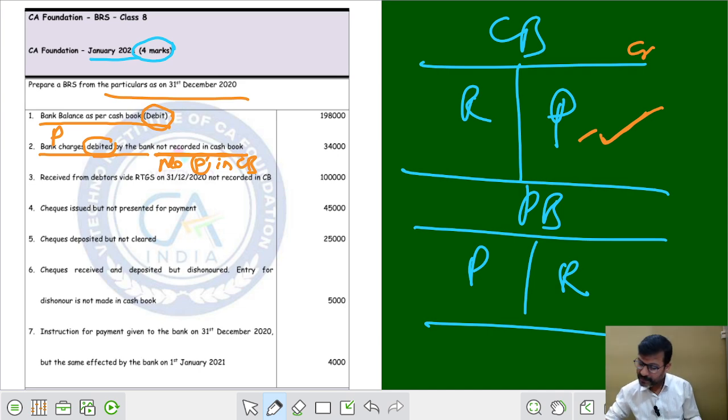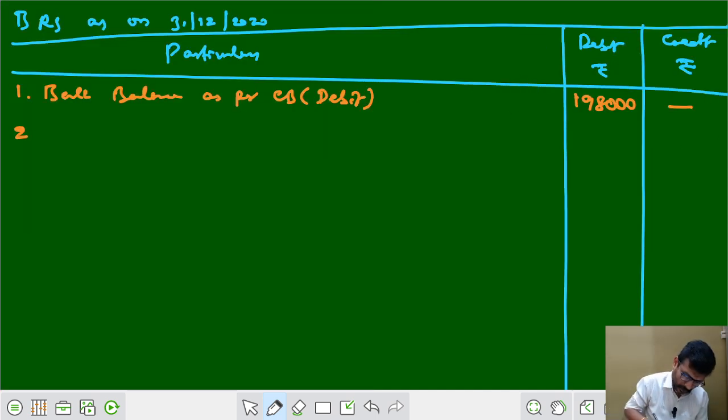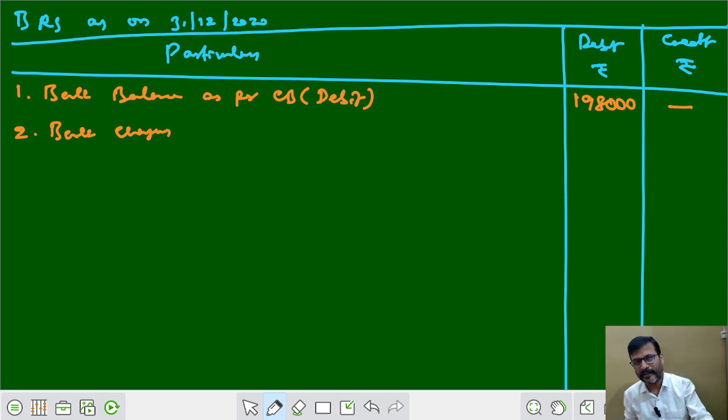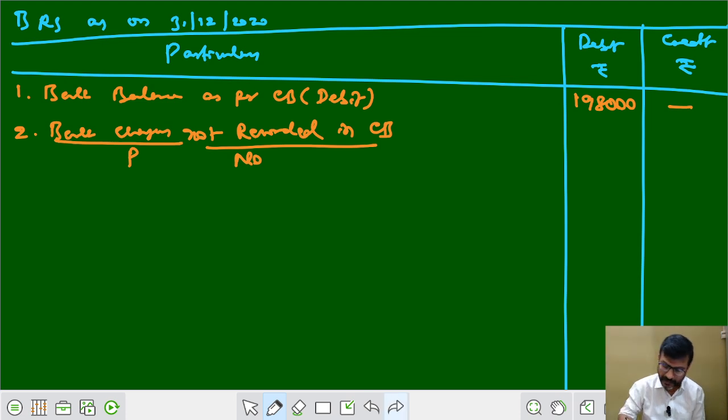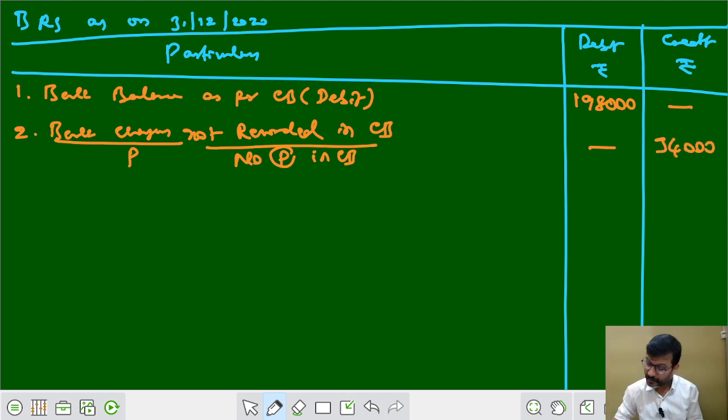Point number 2: bank charges, not recorded in cash book, credit side with an amount of rupees 34,000.